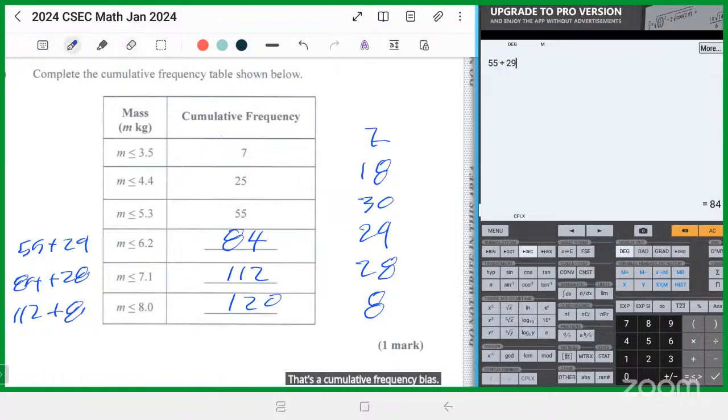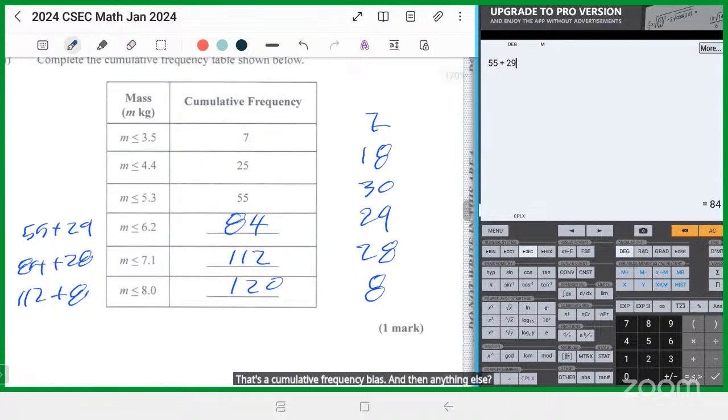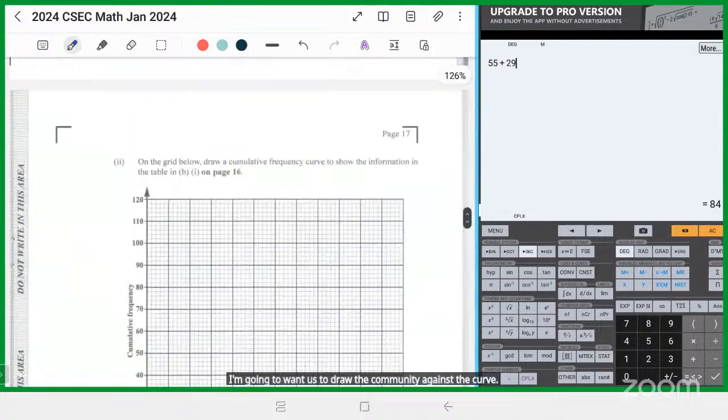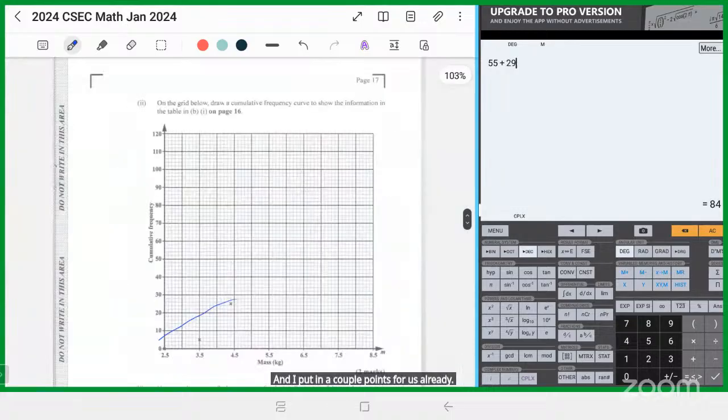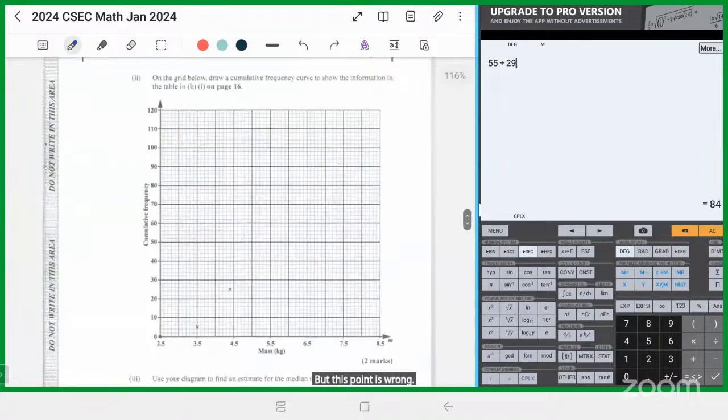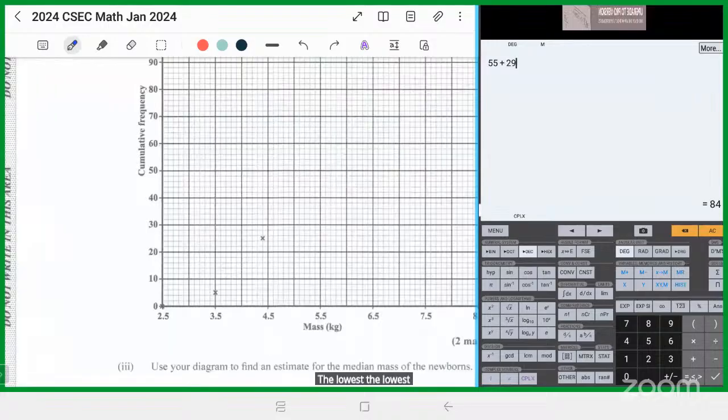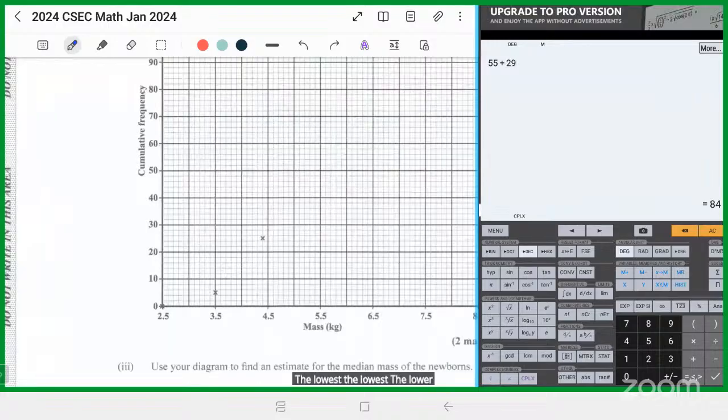And then, I want us to draw the cumulative frequency curve. And I put in a couple points for us already. But this point is wrong. I know that point is wrong, because the lower boundary value was 2.6, not 2.5.